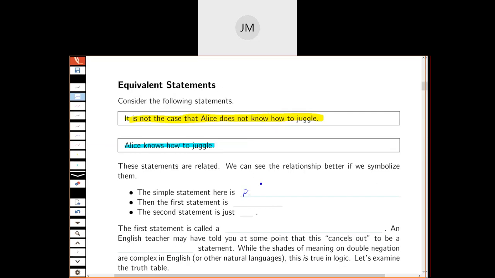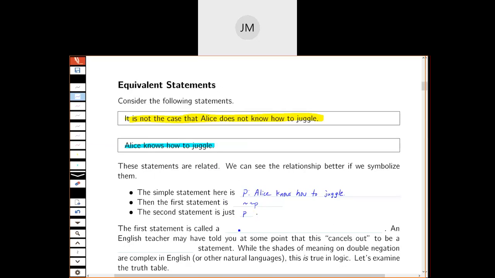So our simple statement would be that Alice knows how to juggle. Alice does not know how to juggle is not P, and it is not the case tells me there's another not there. So we have not not P. And the second statement is just P.